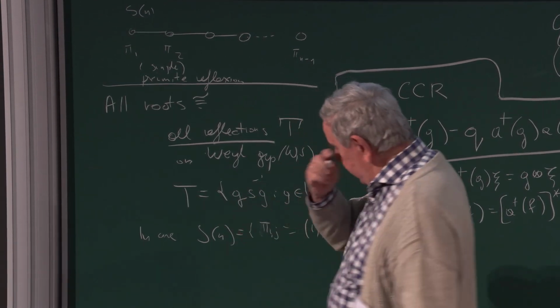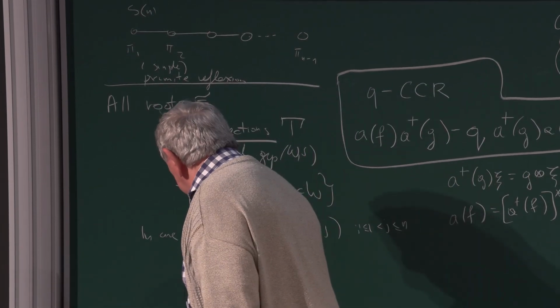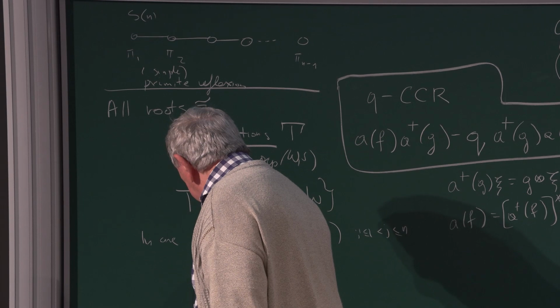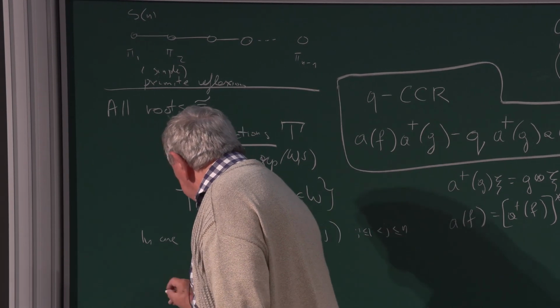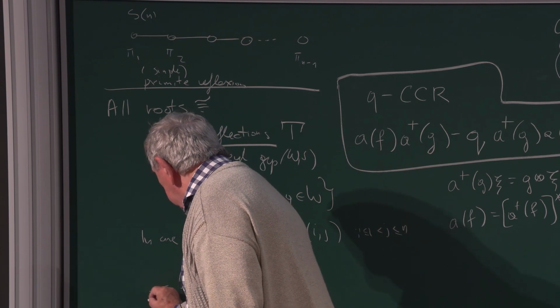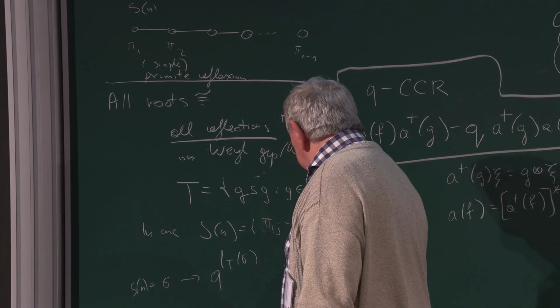That function is also interesting. When you take the length function with respect to all reflections on the permutation group sigma, Q to the length function is positive definite.